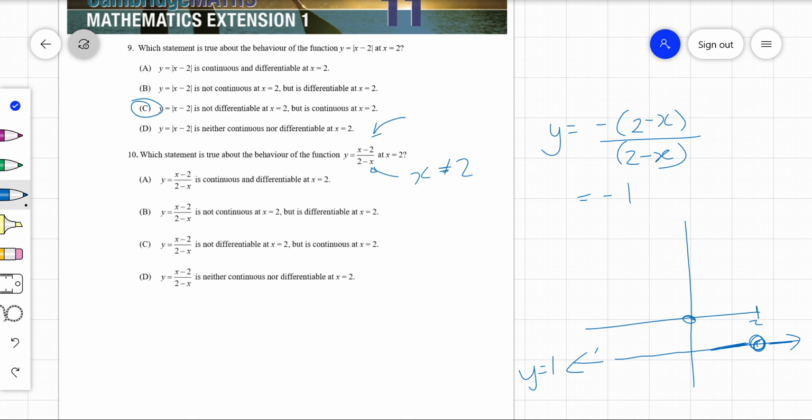So it's not an asymptote, it's a hole, and that happens when it gives you a 0 at the top as well as not being able to be equal to at the bottom. So both those things, excuse me. All right, so what have we got? So of course we can't differentiate anything at that point, nor is it continuous because there's a hole. So it's neither continuous nor differentiable. So it must be D. Okay, hope that helped.